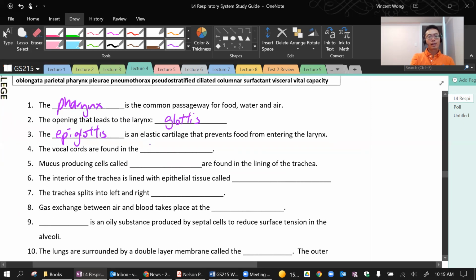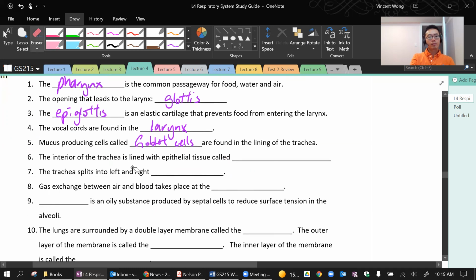The vocal cords are found in the larynx. Mucus-producing cells called goblet cells are found in the lining of the trachea.